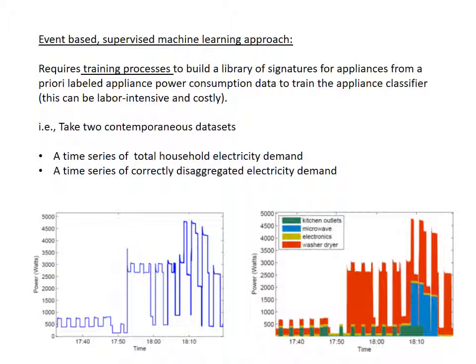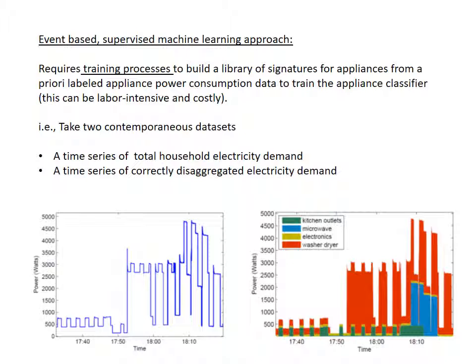So if we're going to do an event-based classification, we are taking a signal from smart meter data, extracting the features, matching those features with the known power consumption of different appliances, and then using that to estimate, based on this signal on the left here, sort of fill that in and estimate what devices are being used at what times.